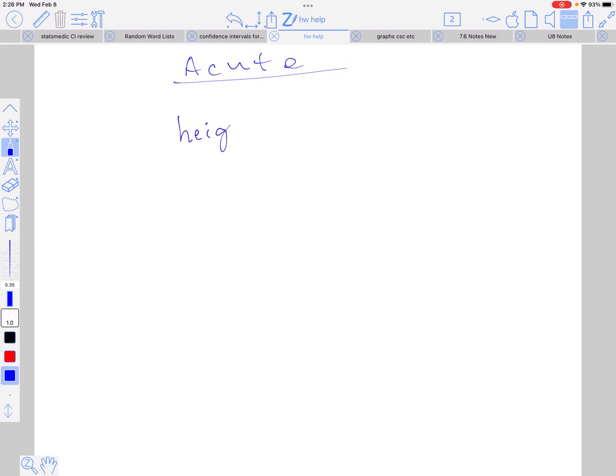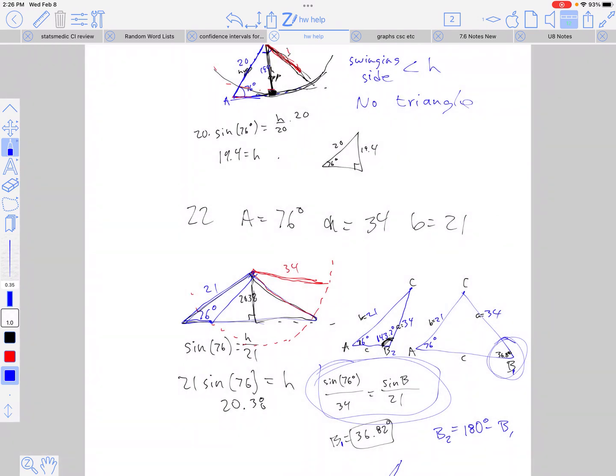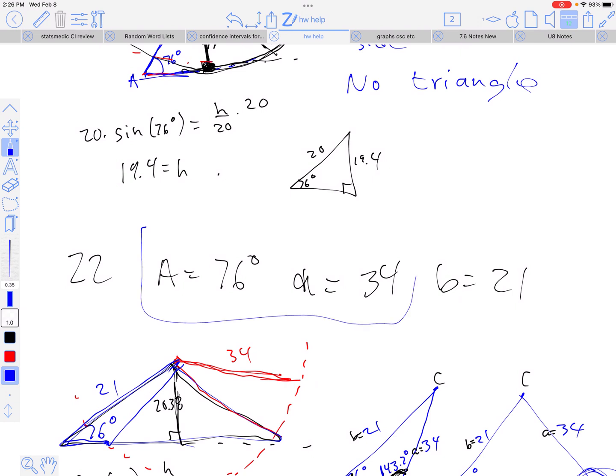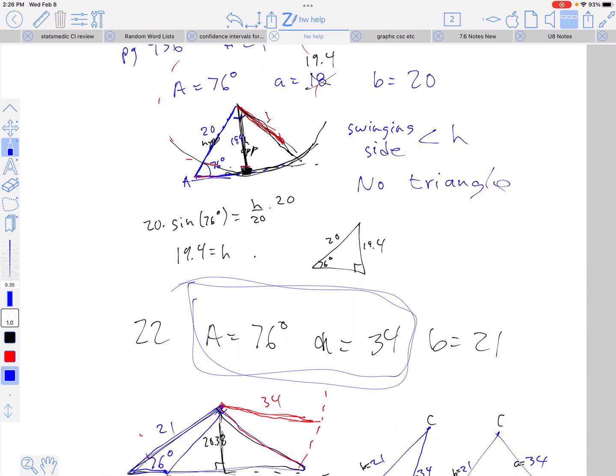If the height is equal to the swinging side, that side that's not fixed by the angle, and so how will you know which one's the swinging side? Well, when they give you angle, side, side, the side that matches up with the angle, that's not your swinging side, because this angle is set.